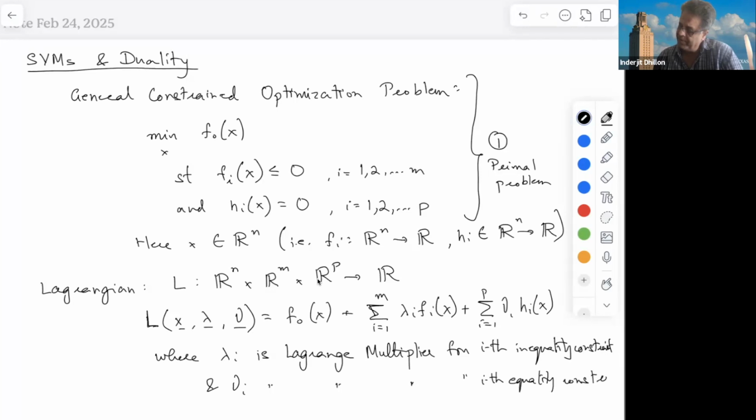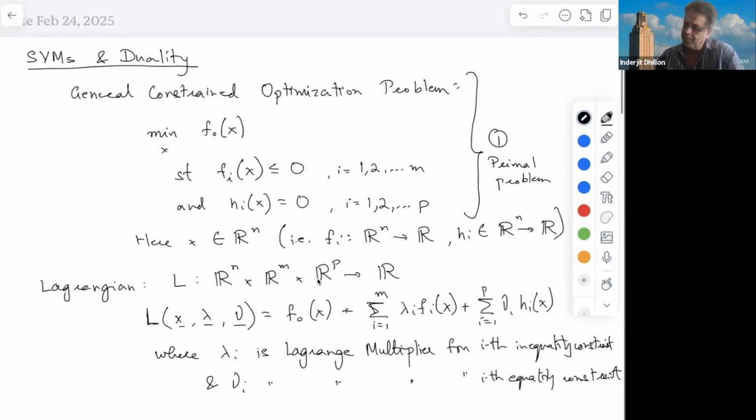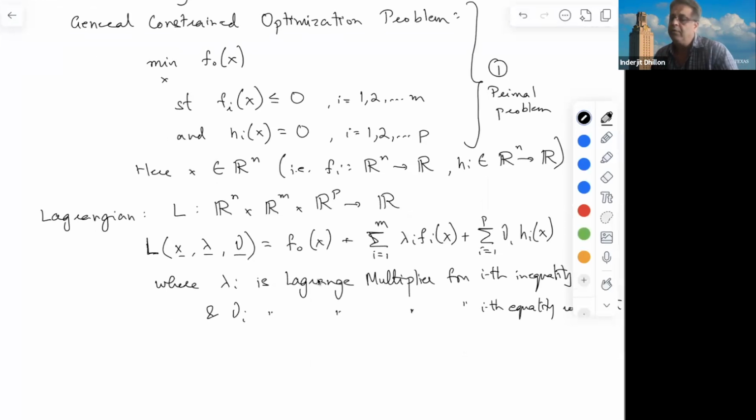So lambda_i corresponds to f_i, and nu_i corresponds to h_i. Like I said last time, lambda and nu are also called dual variables.